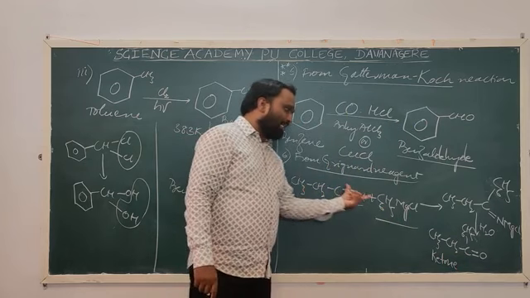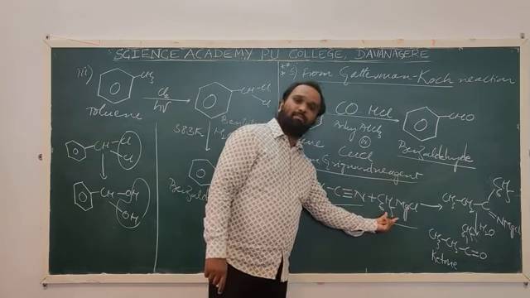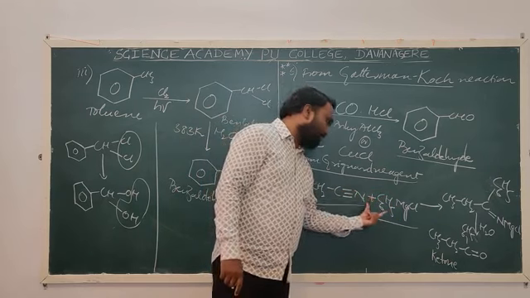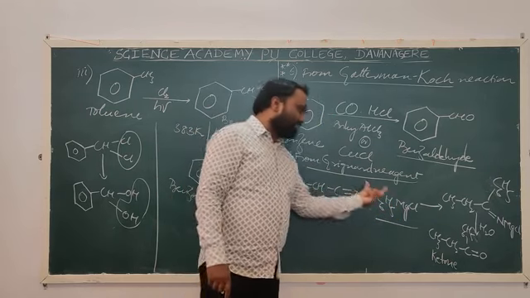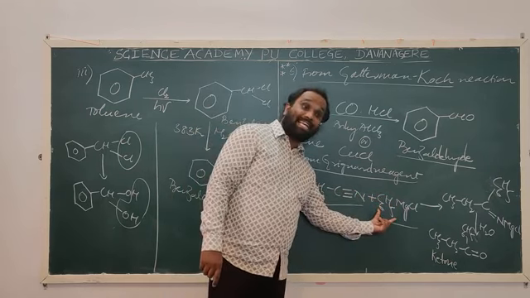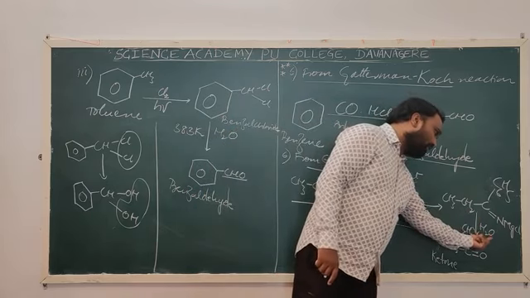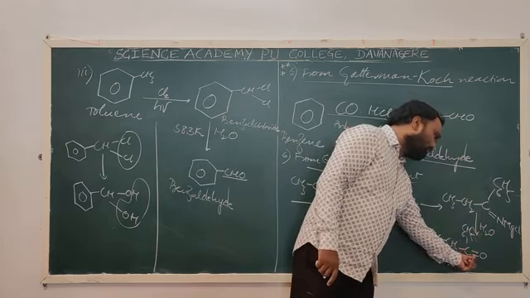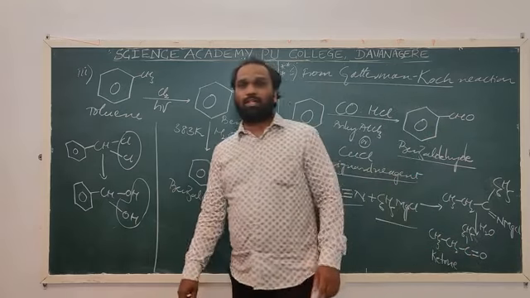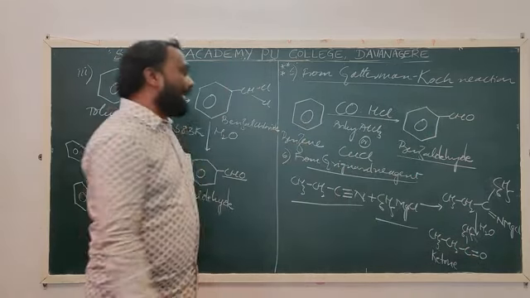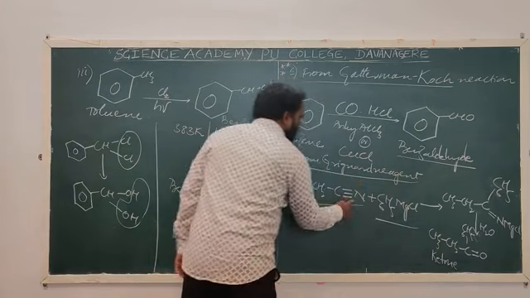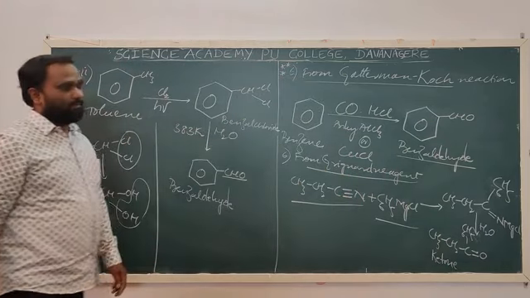Directly they give this equation. Nitrile reacts with the Grignard reagent to form an addition compound which on hydrolysis gives this ketone. This is the preparation of ketones from Grignard reagent using cyanides.